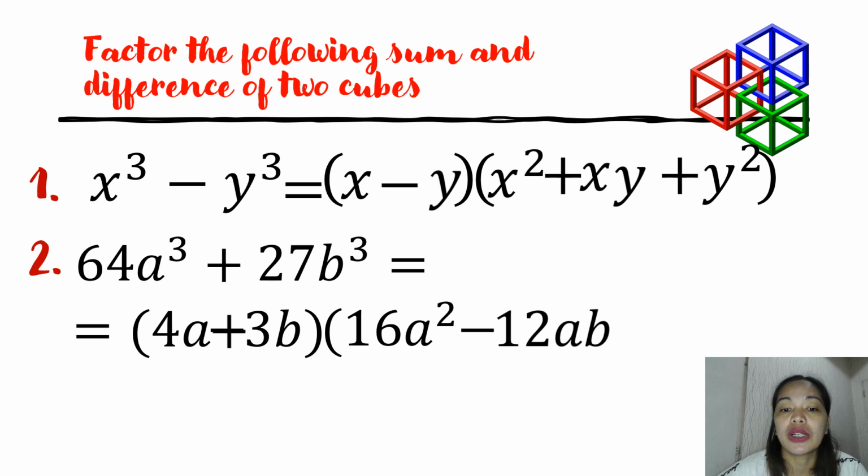So, that is our second term. Next is, get the square of the second term on the first factor, and that is 3b. So, 3b times 3b is equal to 9b squared. Okay, so that is the factored form of 64a cubed plus 27b cubed.